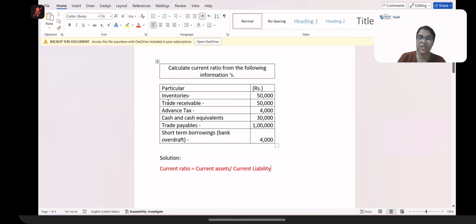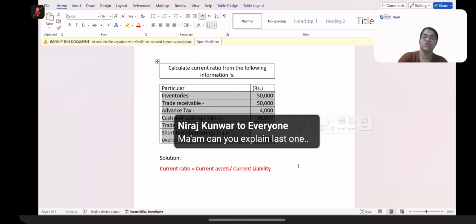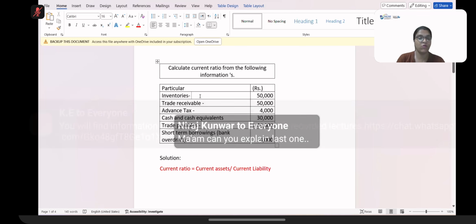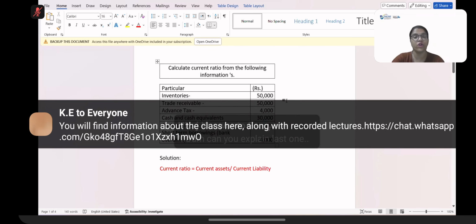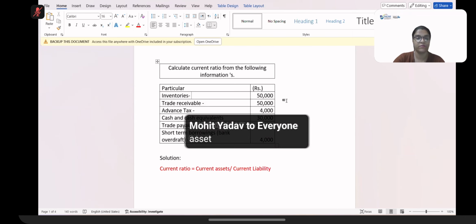Now, firstly, we need to segregate from this which items are current assets and which items are current liabilities. So you all tell me in the chat box now quickly. Inventory is what? Current asset or current liability?